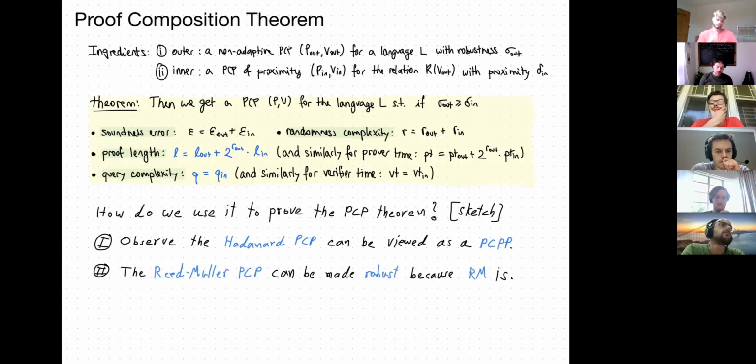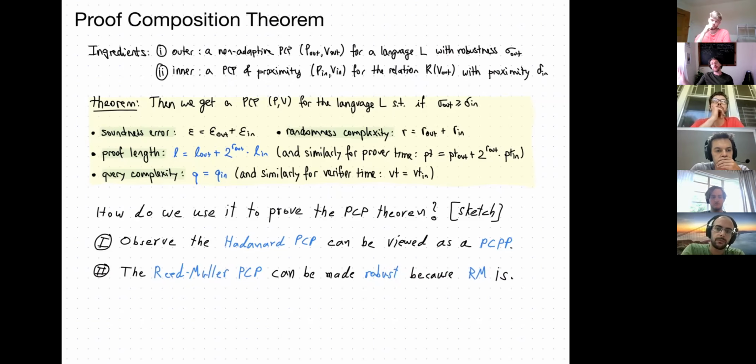And then we can also observe that the Reed-Muller PCP can be made robust. Why can it be made robust? Remember that we showed in the low degree testing that the tester for the low degree test itself is a robust test. Why?